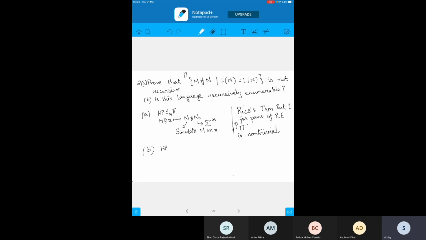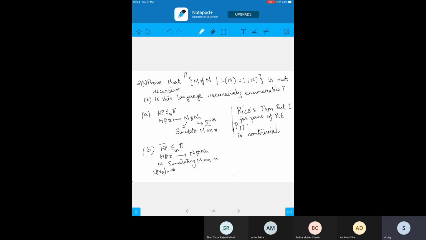In HP complement, M hash X goes to N hash N naught, and N is just simulating M on X. N naught is accepting phi, L of N naught is equal to phi.